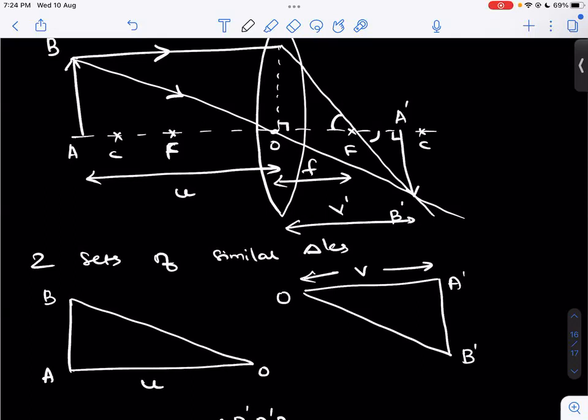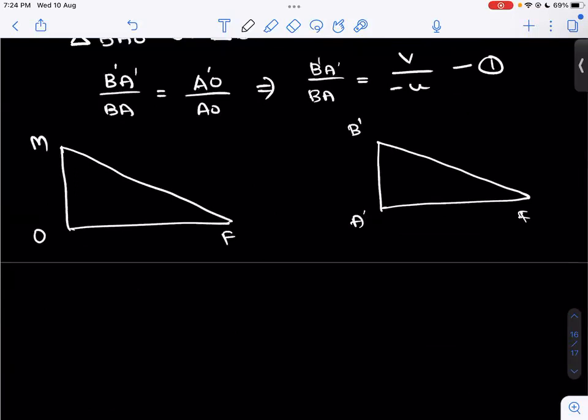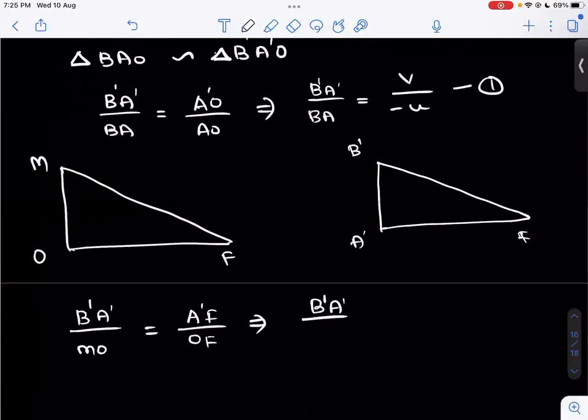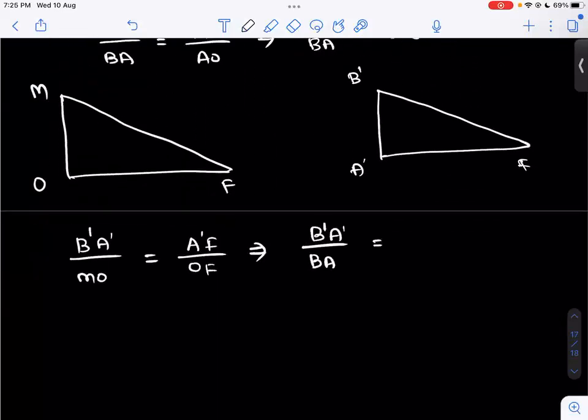So according to the AA criterion, they both are also similar. So we can say B dash A dash divided by MO is equal to A dash F divided by OF. Now if you observe the diagram, MO is exactly the same as BA. So B dash A dash divided by BA is equal to A dash F divided by OF.